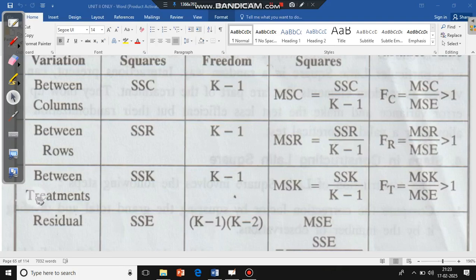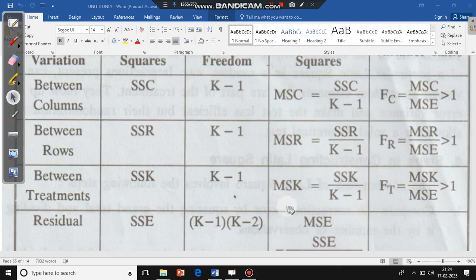And then for treatment also, the third analysis here is on treatment. So we call it SSK, and here k minus 1 is again the degrees of freedom. How are we calculating MSK? We are calculating this SSK divided by k minus 1.